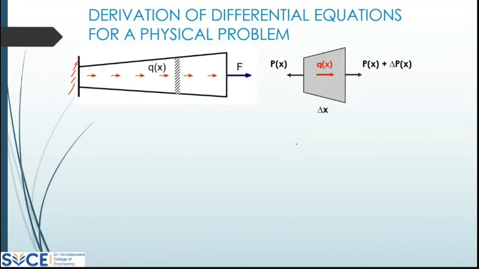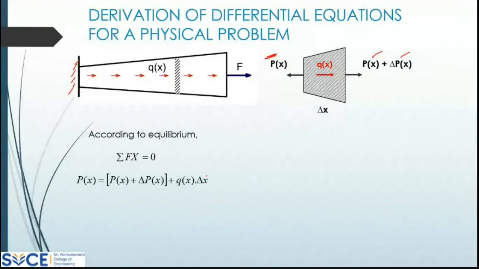Right? Now I say that it is in an equilibrium state, so left hand side is equal to right hand side. On the left hand side, you have only one force, which is P of X. On the right hand side, you have P of X, del P of X, and Q of X into del X, the overall force.